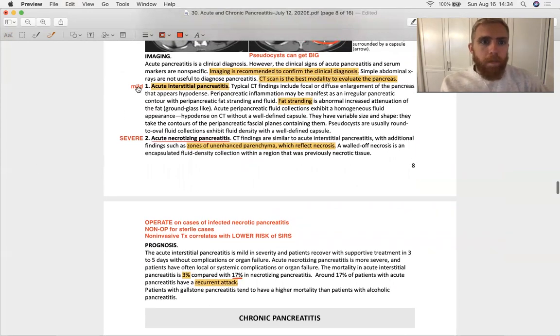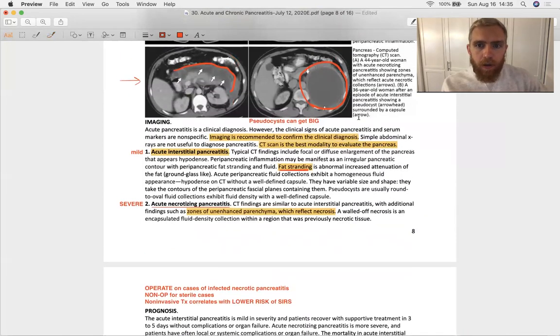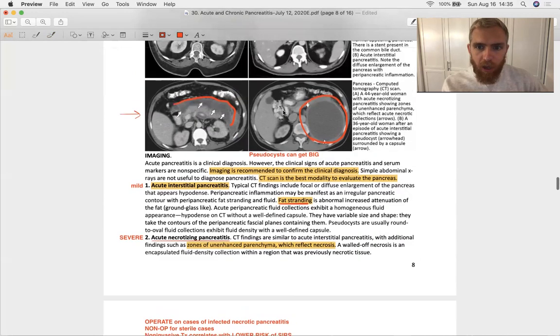Acute interstitial is mild. There's a good definition of fat stranding in this STL. It's been brought up a couple times specifically with Crohn's disease, and I don't think there's too nice of an explanation about it in that one. So fat stranding is when the fat within the abdominal cavity starts to get a ground glass appearance, and we've seen ground glass in the lungs.